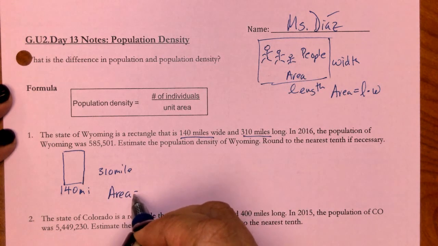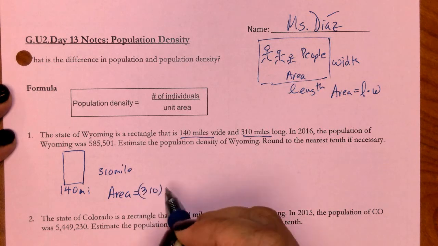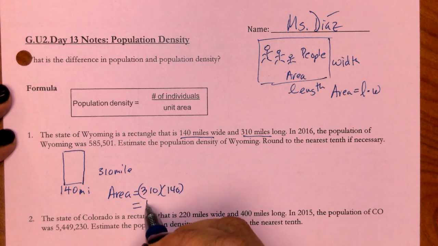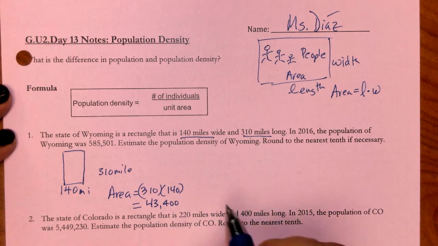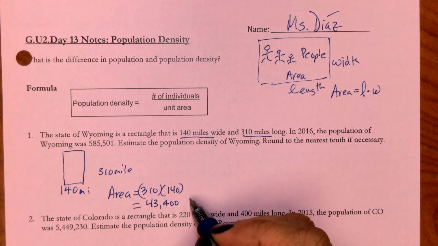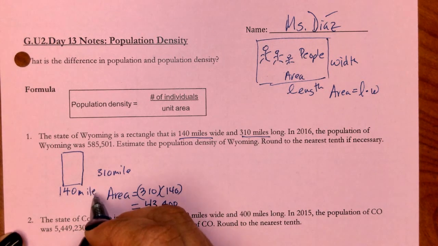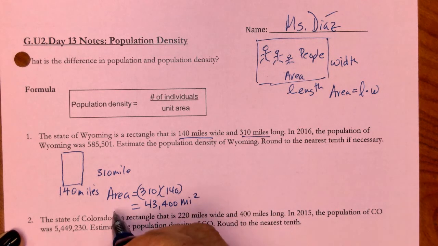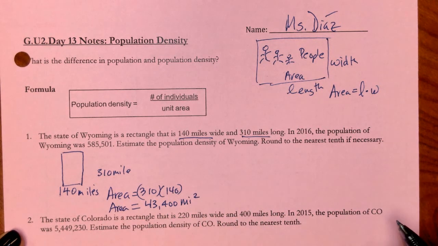The area is 310 multiplied by 140, and we should get 43,400. And what are the units, you're asking? Well, it's miles multiplied by miles, so it should be miles squared. We'll go ahead and write that.